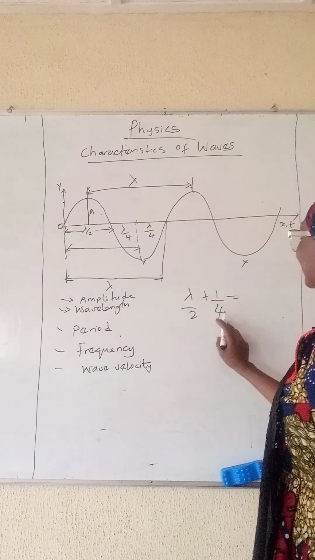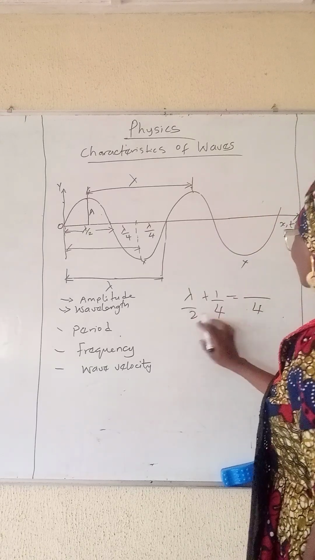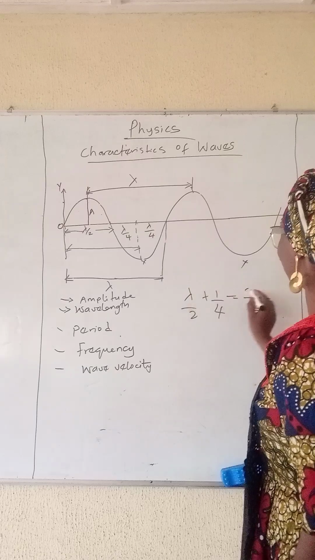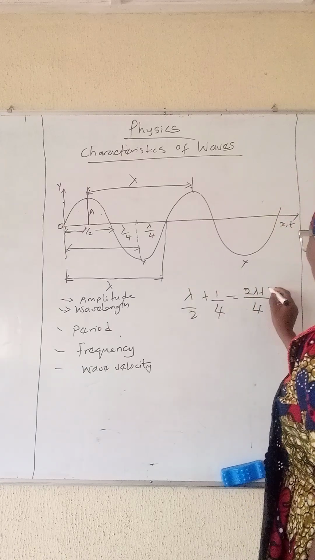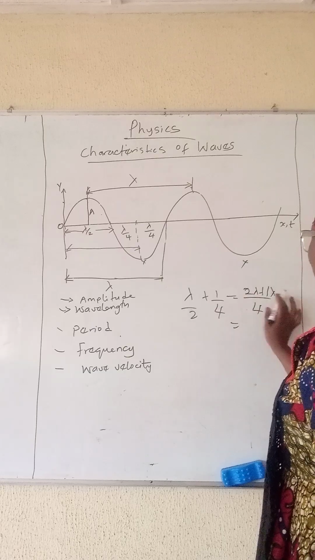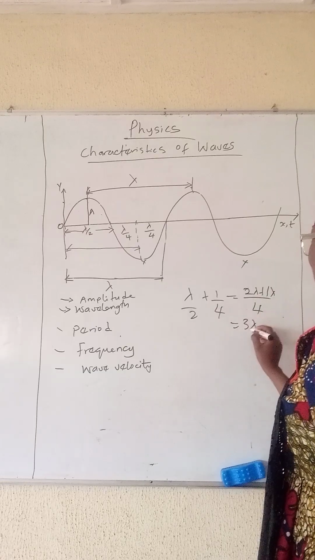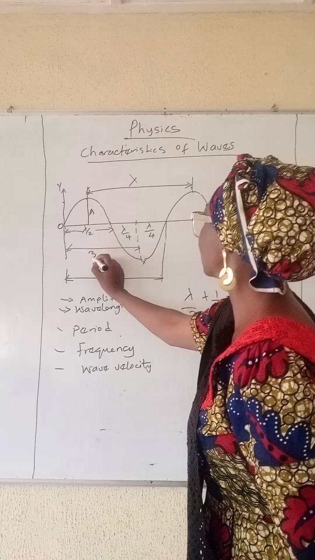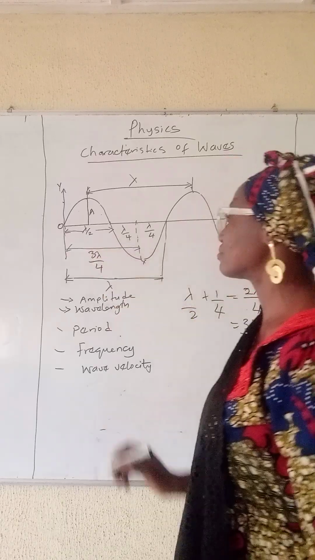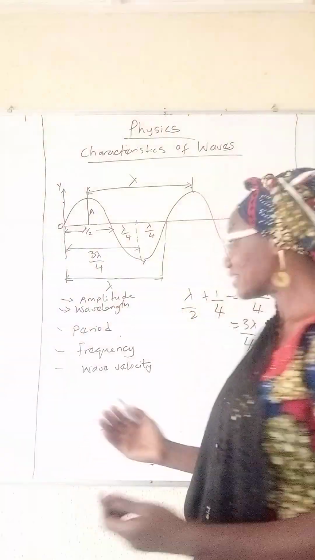If we find the LCM of this, we'll have 4. 2 into 4, we have 2 times lambda, 2 lambda, plus 4 into 4 is 1, 1 lambda. 2 lambda plus 1 lambda gives us 3 lambda over 4. So from this point to this point will give us 3 lambda over 4.